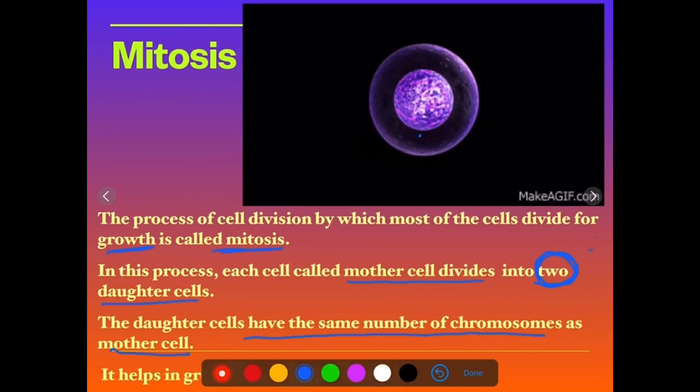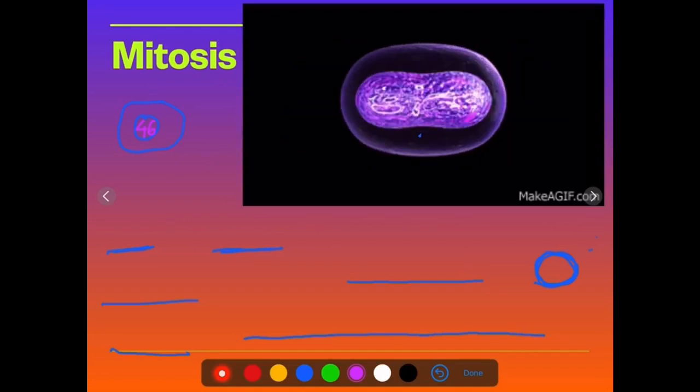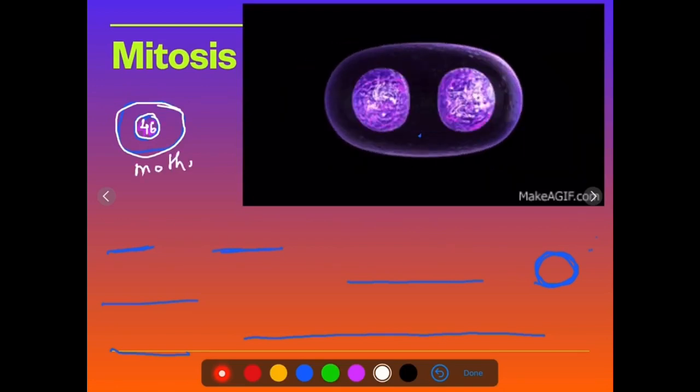Let us see, if this is a cell and this cell is dividing into two daughter cells, and this single cell has the nucleus, and the chromosome number of this nucleus, say if it is a human cell, is 46. So this cell has 46 chromosomes. Which cell is this? This is the mother cell, and this mother cell is going to divide by this process.